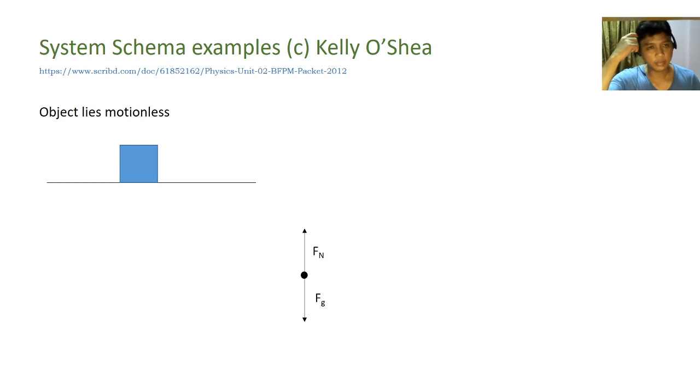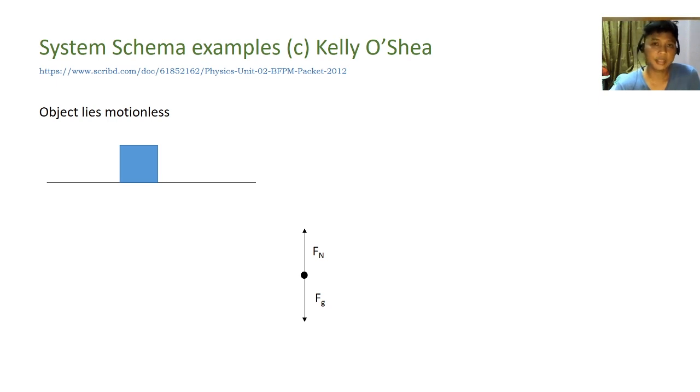Let's look at the following system schema examples. For example, I give you a problem involving an object that lies motionless, just like this box and the floor. Now, if you look at that, this is actually a pictorial representation. But in solving a physics problem, a pictorial representation is not enough because it hides some very important principles and physics concepts.